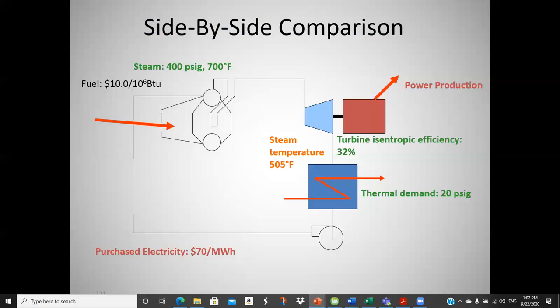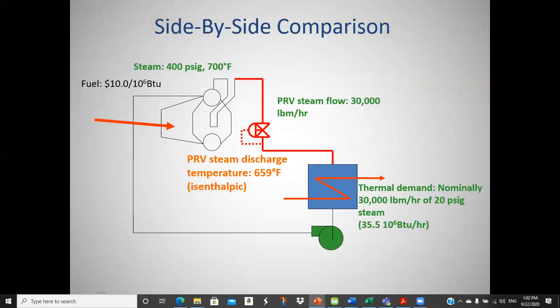Okay, so now if we go through the steam turbine, steam temperature out of that steam turbine is 505 degrees. That's interesting. Does that make sense? Well, here I've got a device that's constant enthalpy.